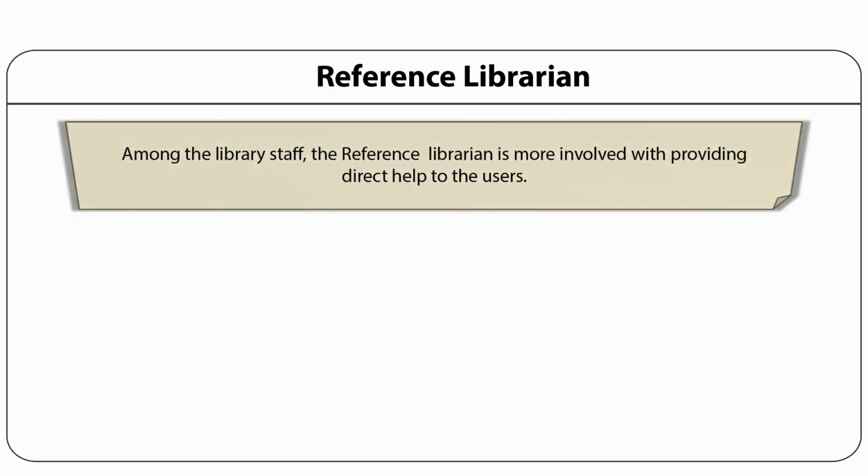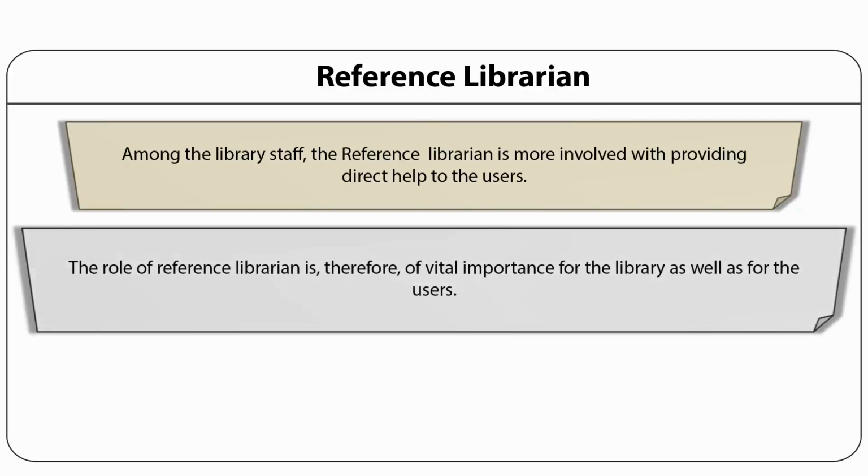In other words, it is about someone with an information problem interacting with someone with information skills. Among the library staff, the reference librarian is more involved with providing direct help to the users. The role of the reference librarian is, therefore, of vital importance for the library as well as for the users.